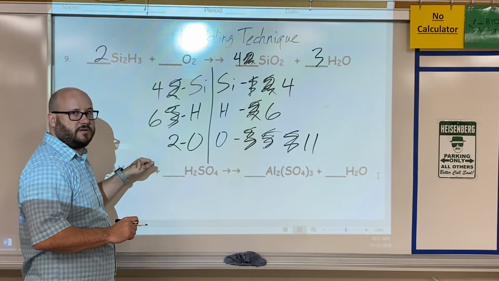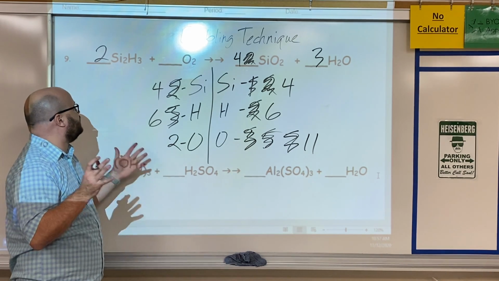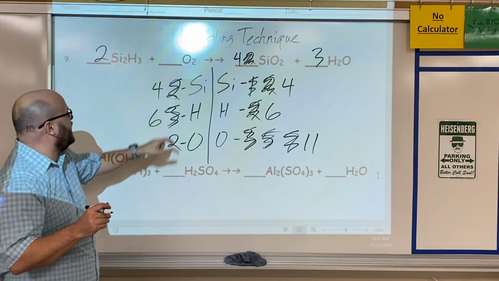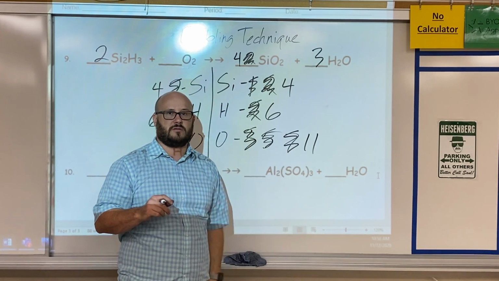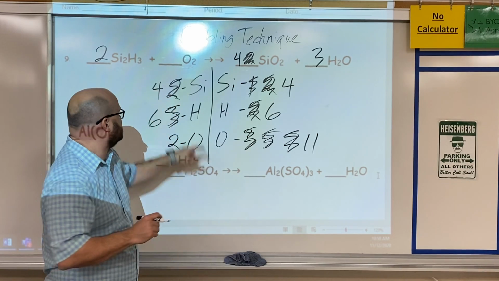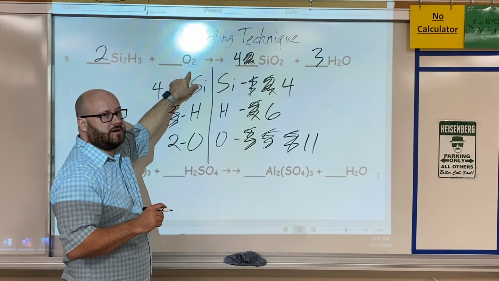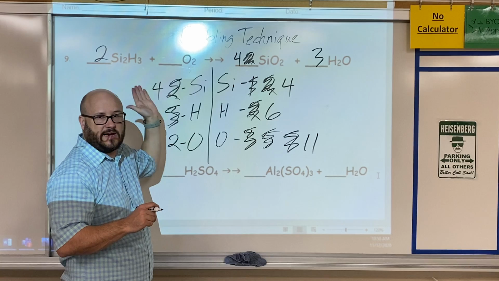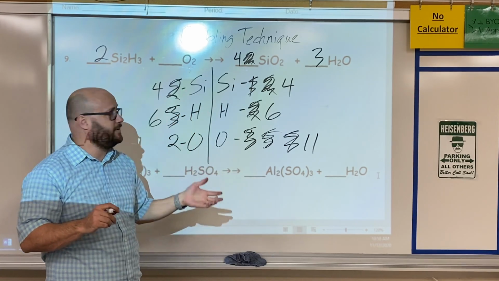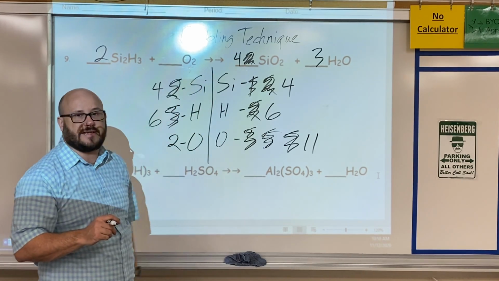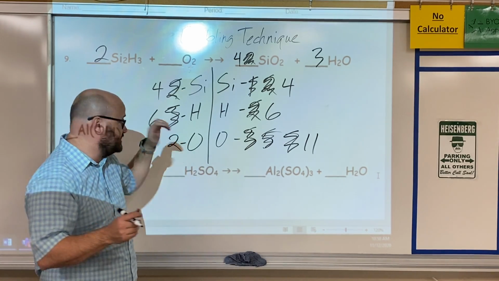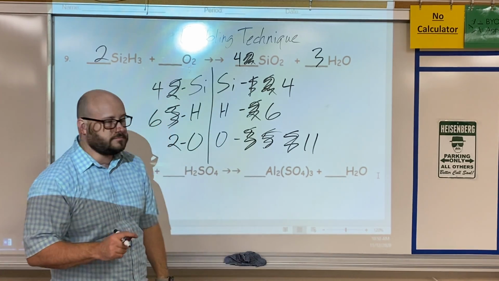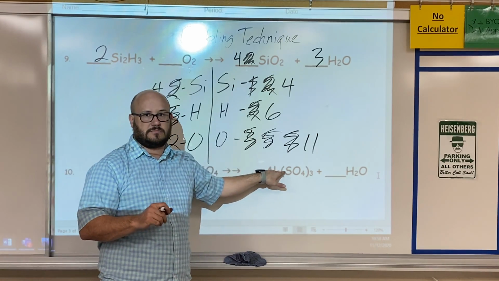but not on oxygen. Now, the problem is, can you ever make an O2 equal an odd number? No. So if this is the only source of an element on one side or the other is a diatomic, the other side has to be even in order for that equation to be balanced. So this will never work the way it is now.